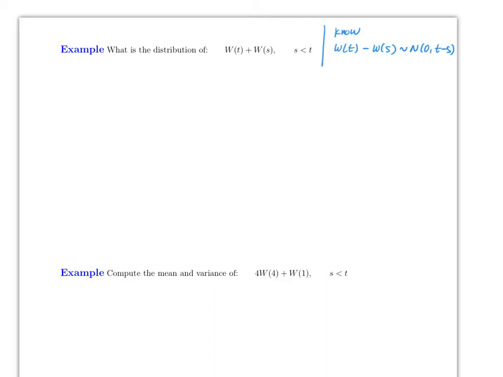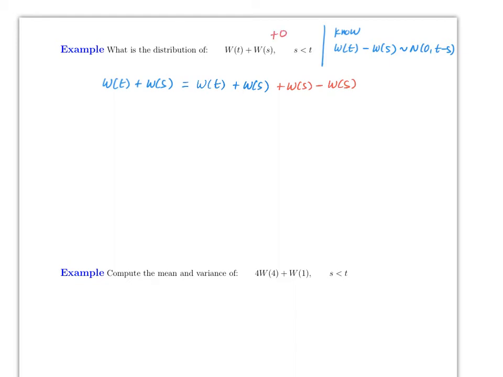So the first thing we have to do is rewrite this in a more convenient way, so we can use something like this. So one way could be this. Wt, then it will be plus Ws, and then you add and subtract Ws, which is one of the most common tricks in math, which is to add 0.